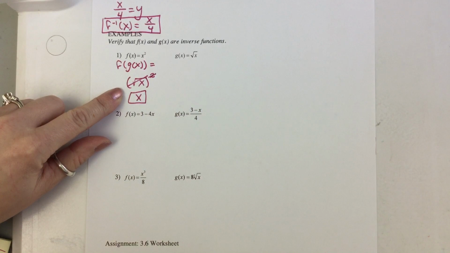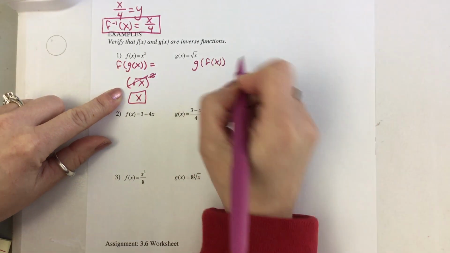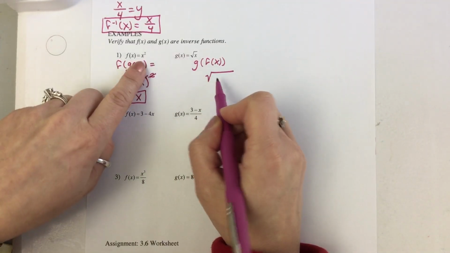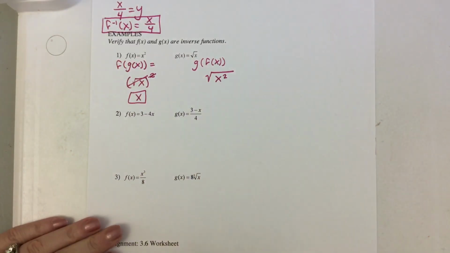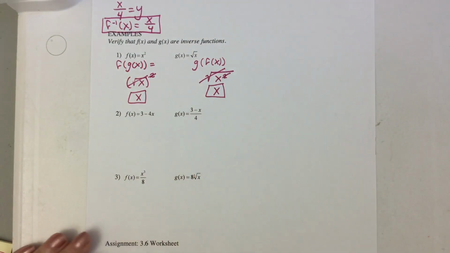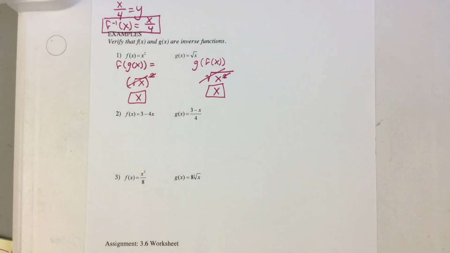It's just an x. Now I need to go the other way. Take the g function, fill in f of x. So it's the square root of x, but instead of x, I'm putting x squared. Well, you guys, a square root and a square cancels. They're both x. Yes, they are inverses. So again, using those composite functions that we have already studied, you put one function into another.